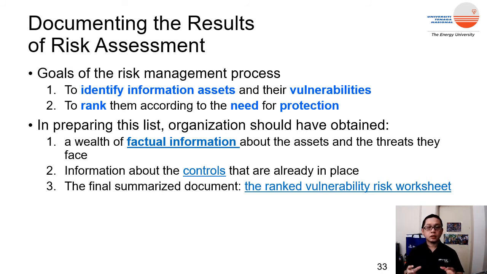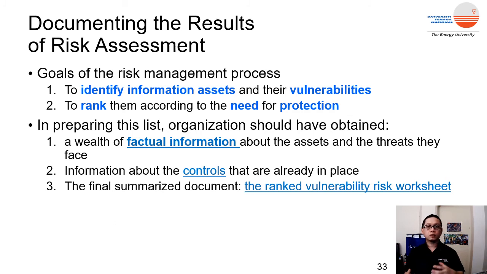So this must be properly reflected in your TVA worksheet, and then properly rank them by importance and value to your organization. Which asset needs more protection? Which asset perhaps needs proper consideration in terms of having a very good control over it?